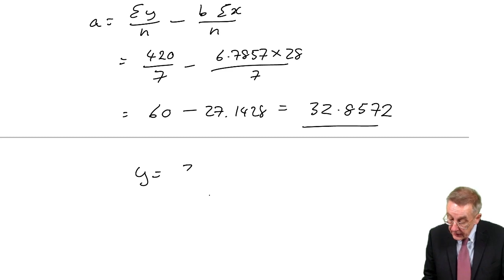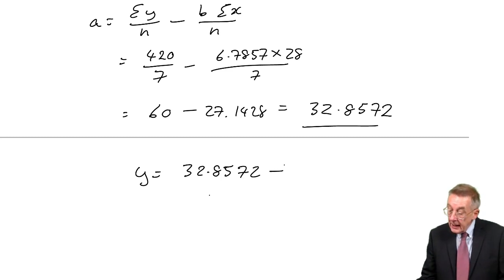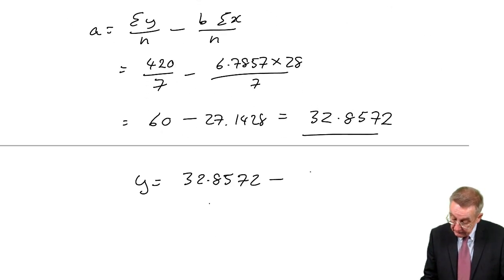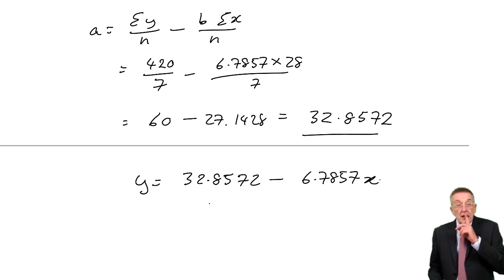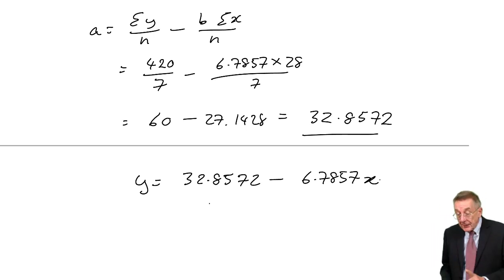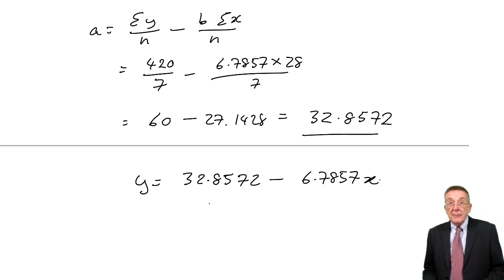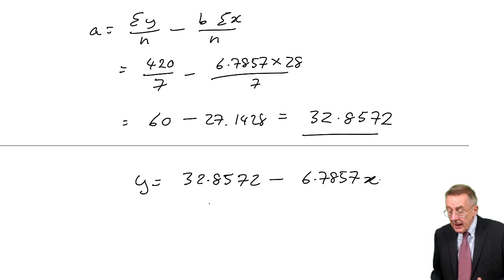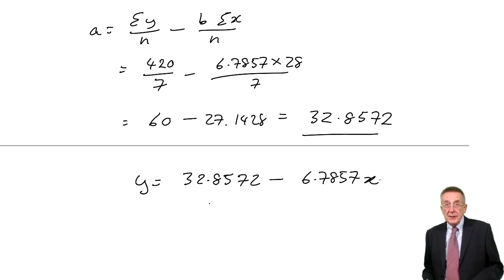So Y is 32.8572 minus B, 6.7857, X. Now, that's fine, except just one little problem here, in that if you remember, when I wrote the Y's down, the Y's were all in thousands.